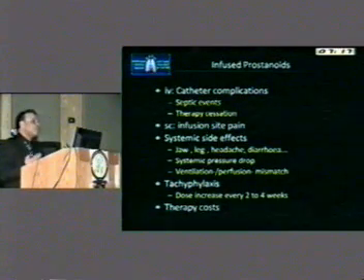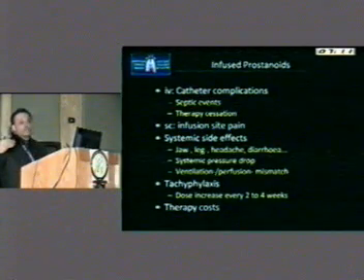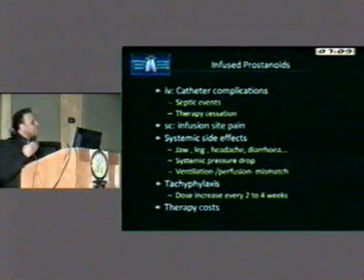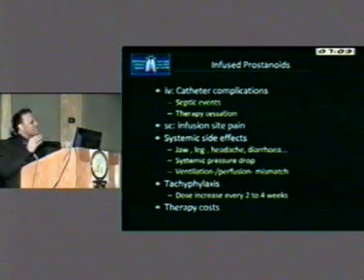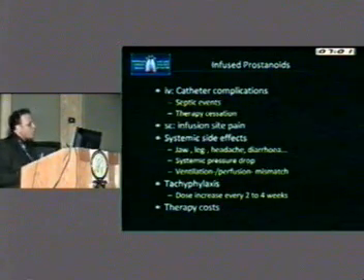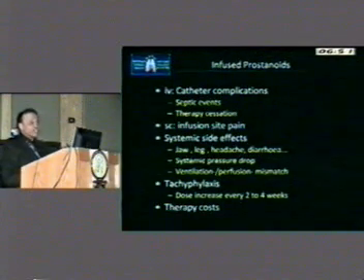However, the infusion form of the prostacyclin is not without problems because it needs an infusion pump, it needs 24-hour infusion, and any interruption of the infusion can lead to rebound hypertension and even death. So it will need significant follow-up. Also there is site infection, the side effect of systemic hypotension sometimes, and tachyphylaxis, where you need to keep increasing the dose over time because of the continuous stimulation of the receptors.